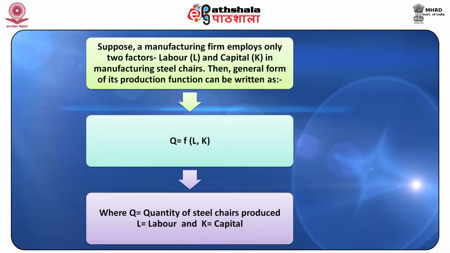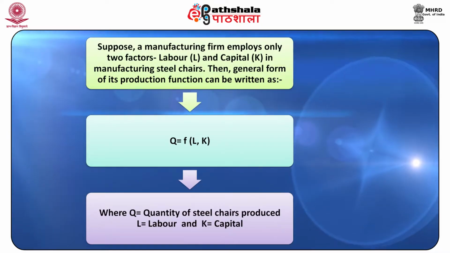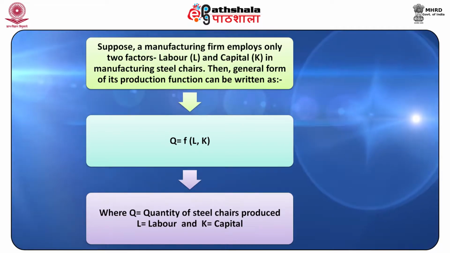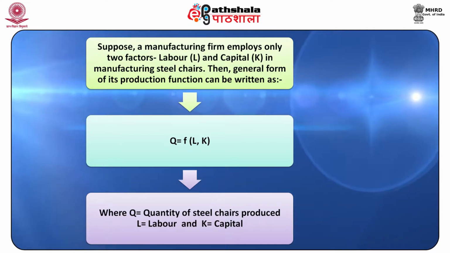A different set of inputs are used to produce a given level of output, and each of these sets may be technically efficient. Suppose a manufacturing firm employs only two factors, labor L and capital K in manufacturing steel chairs.